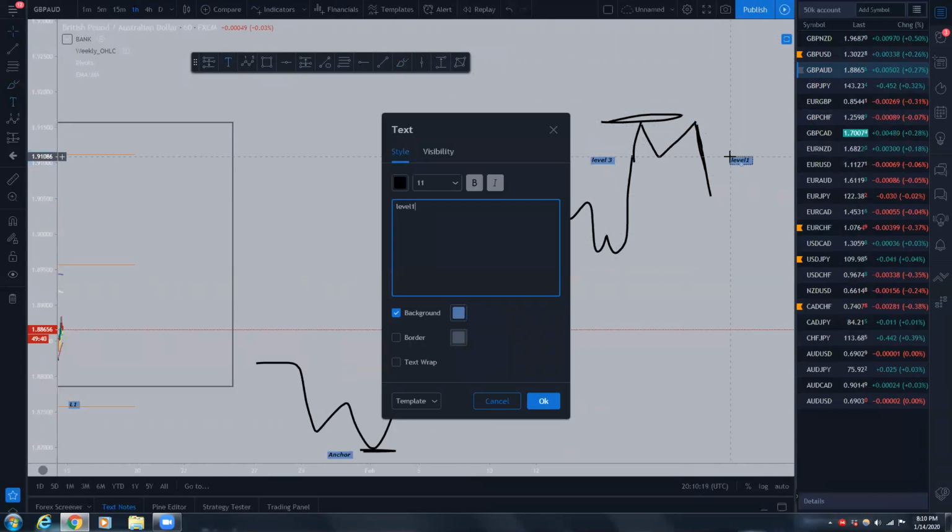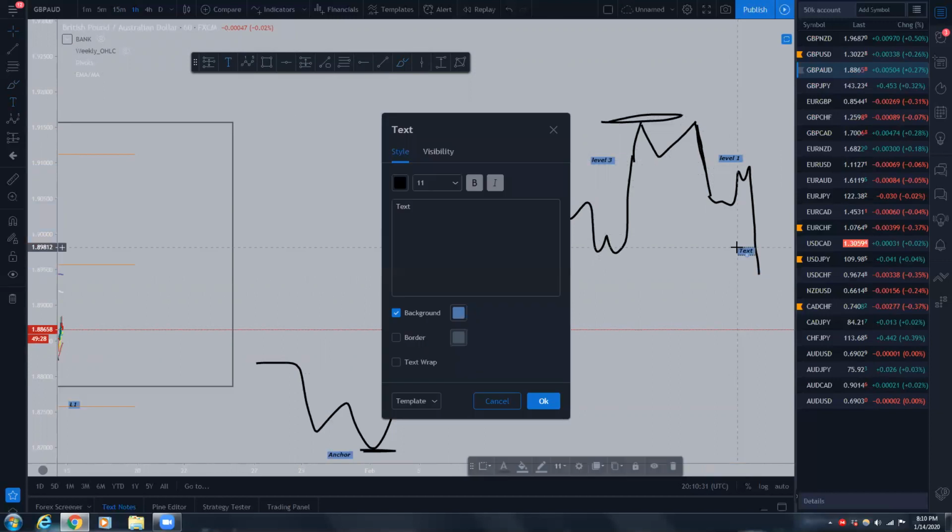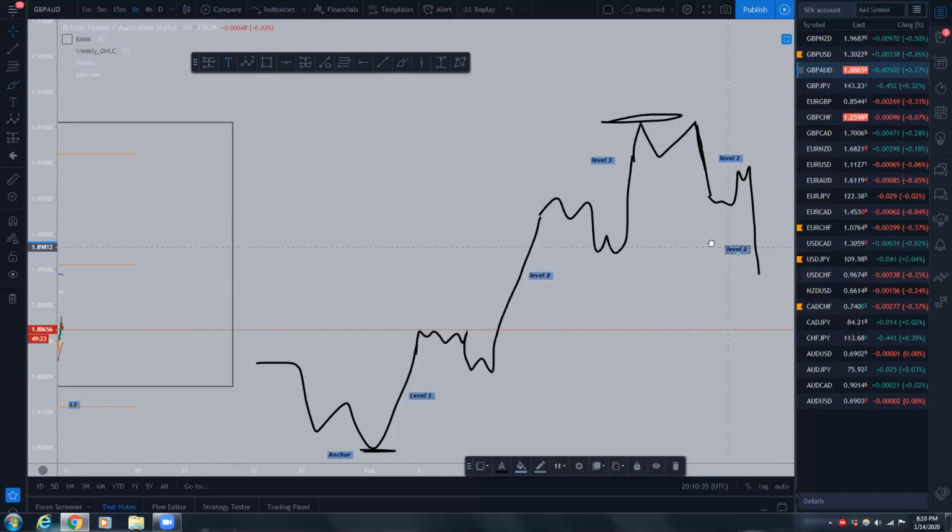So level 3 becomes level 1. And then you have another consolidation, stop hunt to the high, price goes down into level 2. And then you have the cycle repeat itself down into level 3.